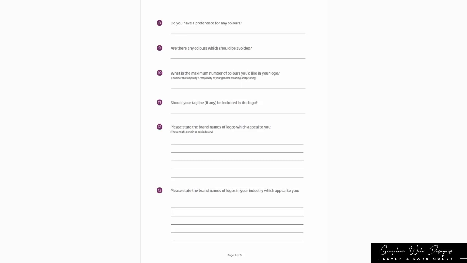Question 13 asks, please state the brand names of logos in your industry which appeal to you. So this question focuses upon their specific industry this time. Quite often a business is founded by being inspired by another or other businesses. In a nutshell, businesses have their idols, who they aspire to be.